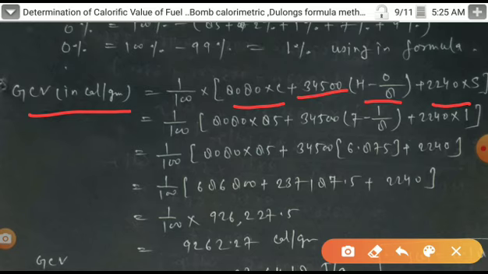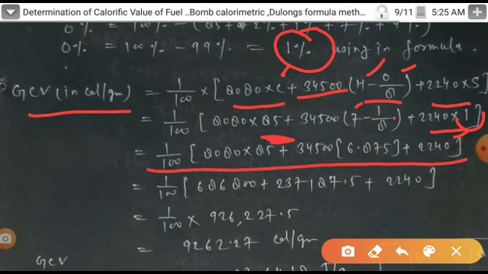So put in all the percentage values. First is carbon, that is 85%. Second is hydrogen, which is 7%. Oxygen you have calculated here, it came to 1%, so put 1% in place of oxygen, divided by 8, plus 2240 into sulfur, and the percentage of sulfur is 1%. So calculate all the values here.